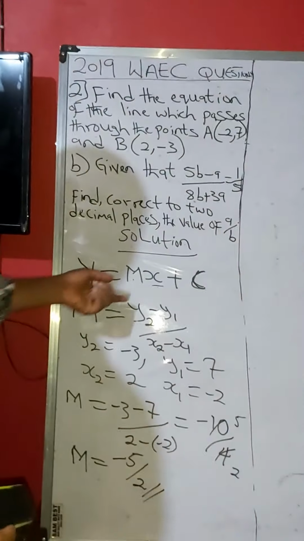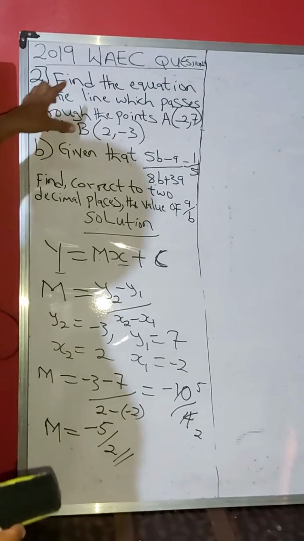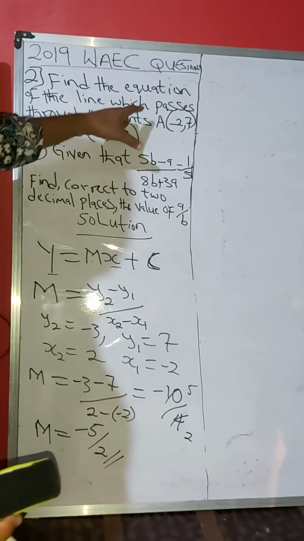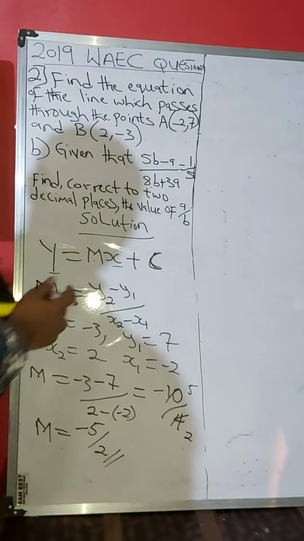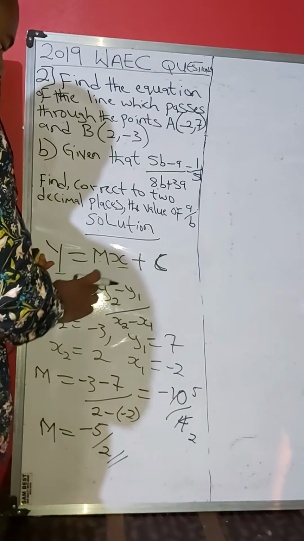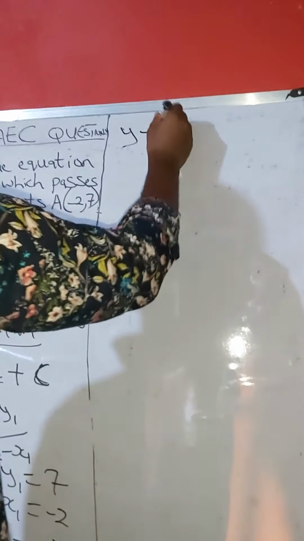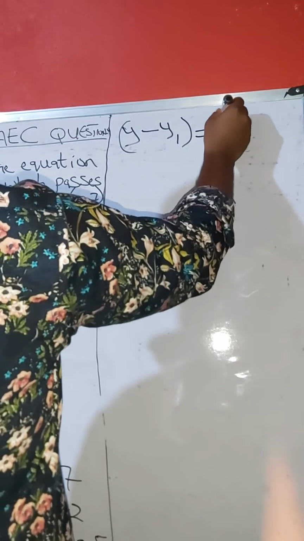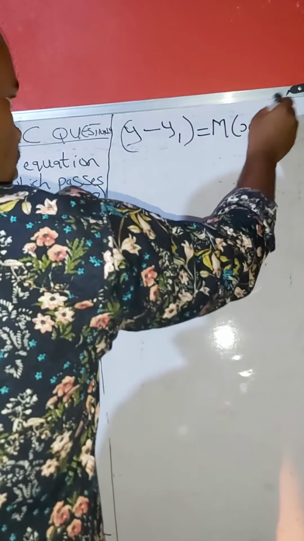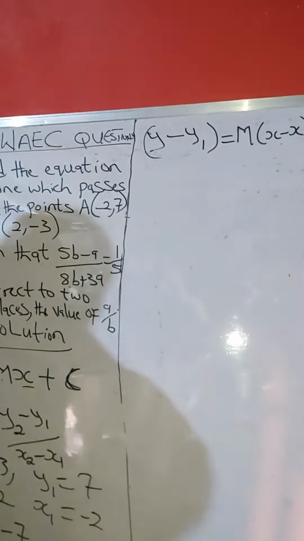So I'll now substitute into this formula to get my equation, because they asked us to look for the equation. But we pick one of these points to use as our x and y. So I'll be having y - y1, which is my equation we are looking for, equal to m times (x - x1). Now let's solve this.